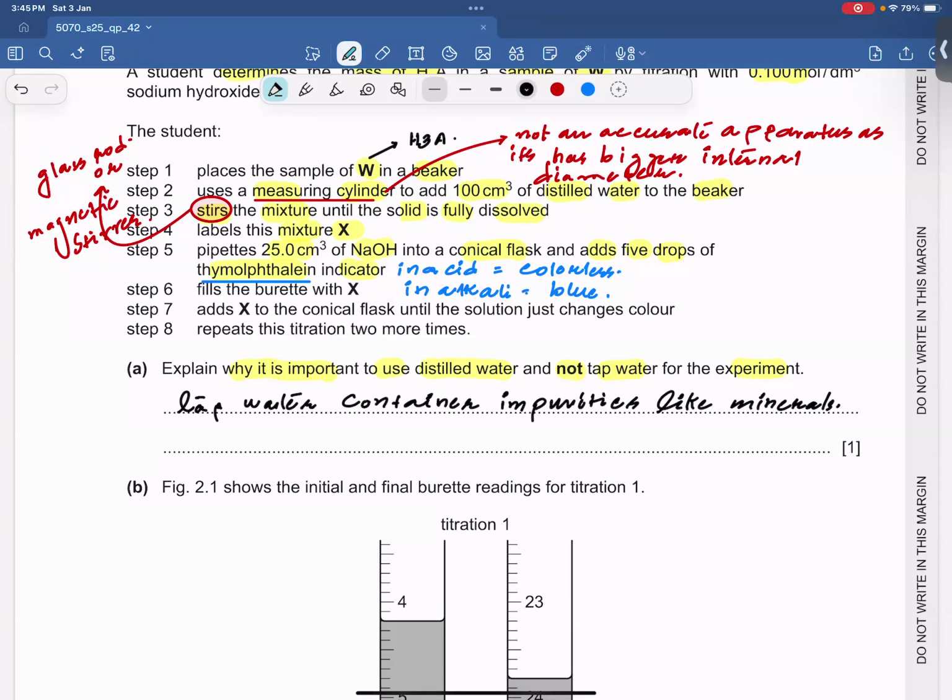So it can interfere in the titration process if we use it, which is why we need to avoid tap water, and therefore we need to use distilled water. In fact, distilled water has no impurity. You can write that distilled water has no impurity or dissolved minerals.